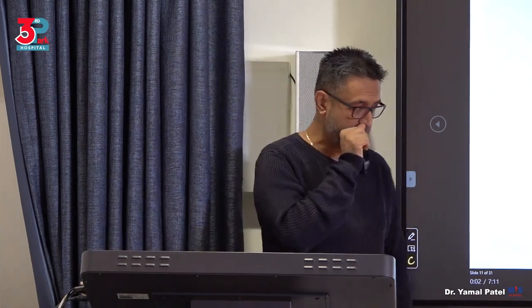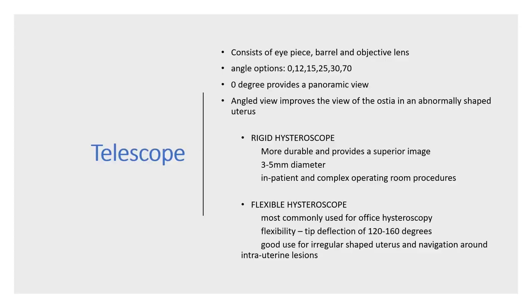So the telescope, we have, obviously we've discussed this, but we have the eyepiece, the barrel, the objective lens, etc. And the angles that we have in hysteroscopy could be 0 degree, 12 degree, 15, 30 degree, 70 degree.